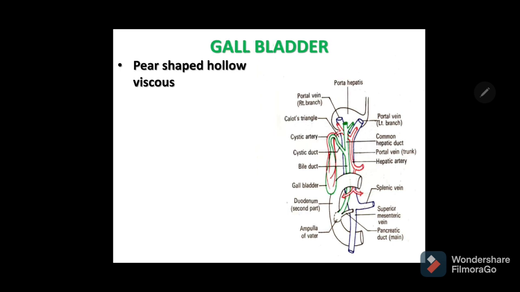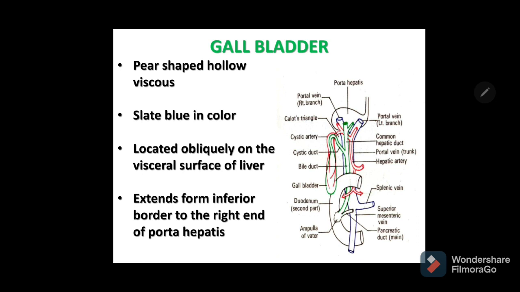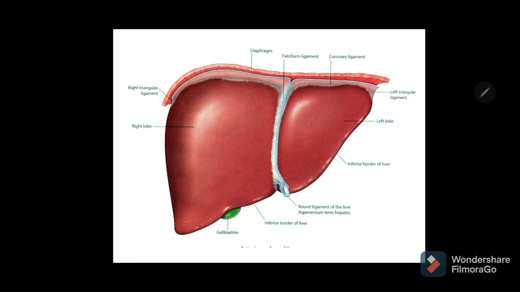Next, coming to the gallbladder, it is a pear-shaped hollow viscus, slate blue in color, located obliquely on the visceral surface of the liver, related to the inferior surface of the liver, which is non-peritoneal, and it extends from the inferior border to the right end of porta hepatis. It extends beyond the inferior border also.